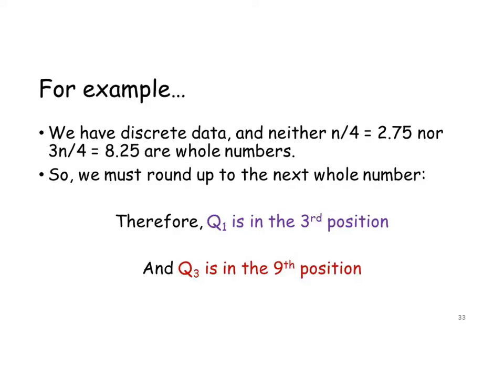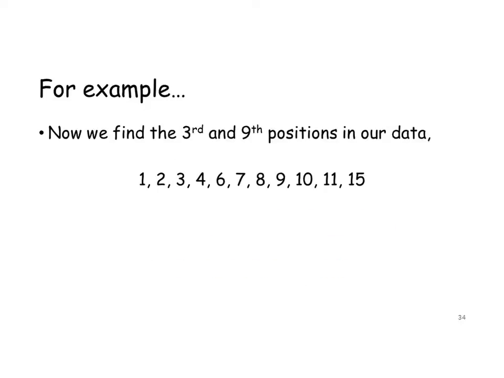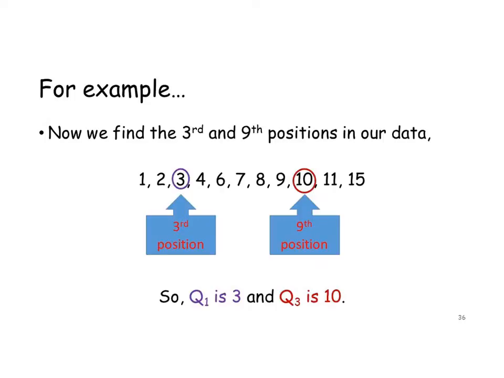So now we know the positions of Q1 and Q3. What we need to do now is to find the actual numbers, the actual data values. We can see that the third position is in fact the number 3, and the ninth position is in fact the number 10. So Q1 is 3 and Q3 is 10.